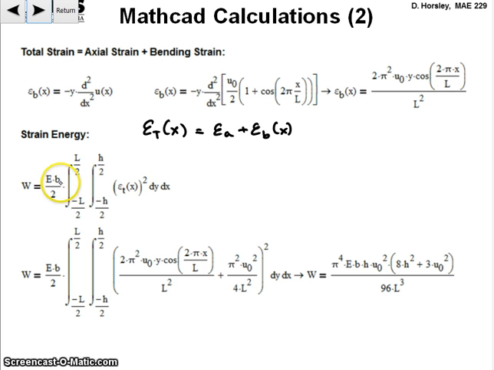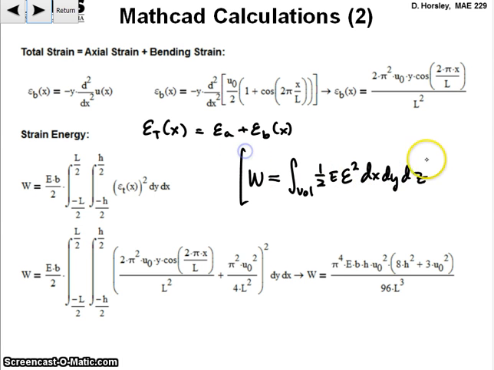And then the other part of the strain energy integral is 1/2 e times the integral of epsilon squared. So in general, this is the integral over the volume of 1/2 e times epsilon squared dx dy dz. This is the general form of the strain energy integral.